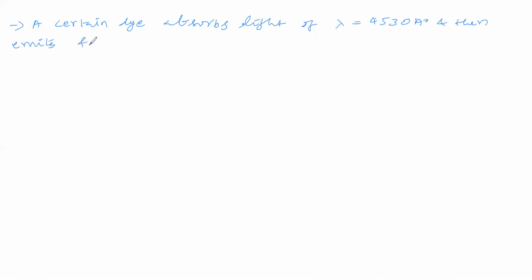In the next sum, we are taking a certain dye which absorbs light of wavelength 4530 angstrom and then emits fluorescence light of 5080 angstrom.